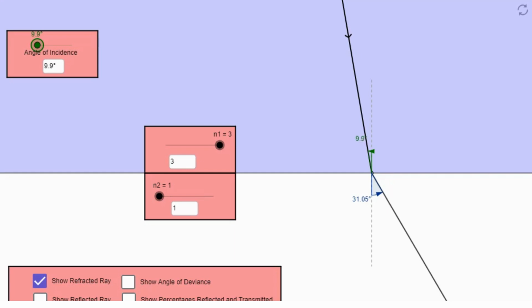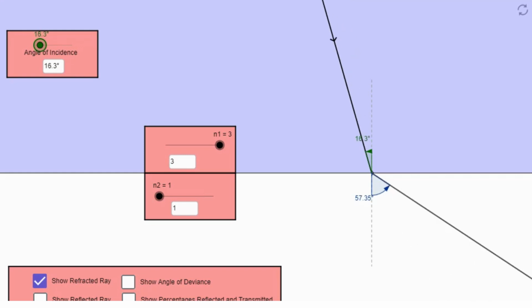Try to increase the angle of incidence. So you are observing that when a light ray is transmitted from denser to rarer, the refracted ray bends away from the normal. So the angle of refraction is always greater than the angle of incidence.